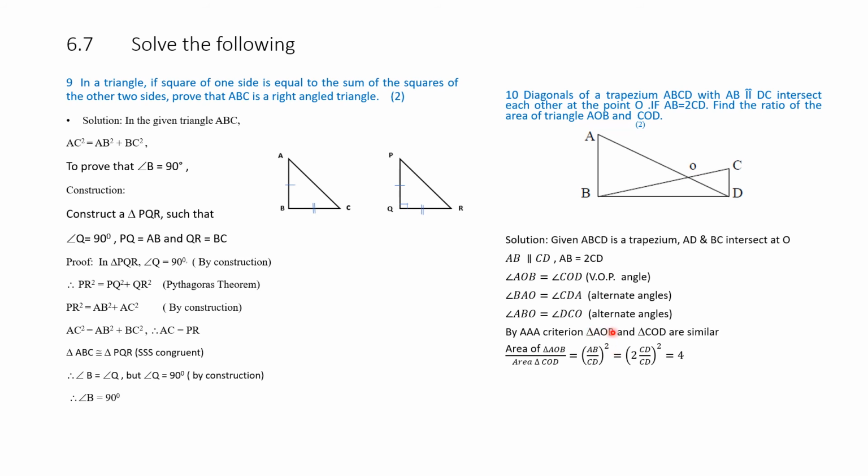Corresponding sides are AB and CD, whole square. But it is given AB is equal to 2 times CD. So you put AB equal to 2 times CD. CD gets cancelled. That is 2 square, that is equal to 4. This is the answer. We have found the ratio, hence proved.